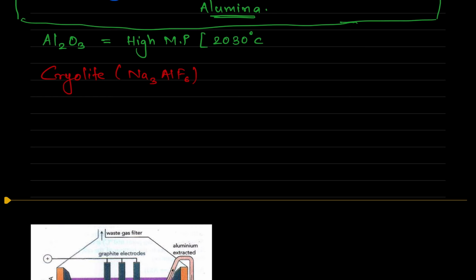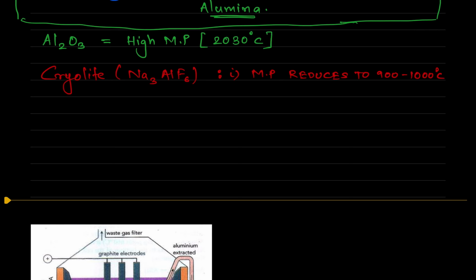Now, what is the added advantage of using cryolite? The first and foremost advantage is that the melting point reduces to 900 to 1000 degrees Celsius. See, you could see a pretty large jump over here, right?